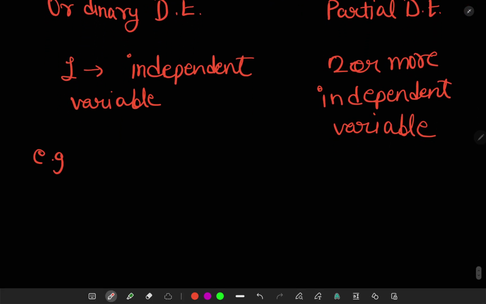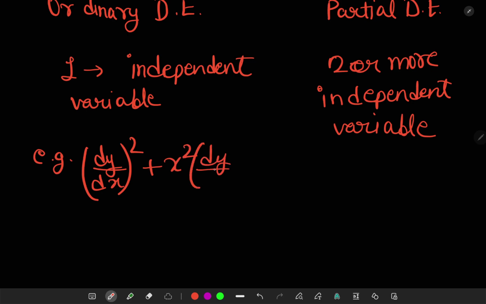For an example of an ordinary differential equation, here you can see only one independent variable is present, which is x. y is the dependent variable.